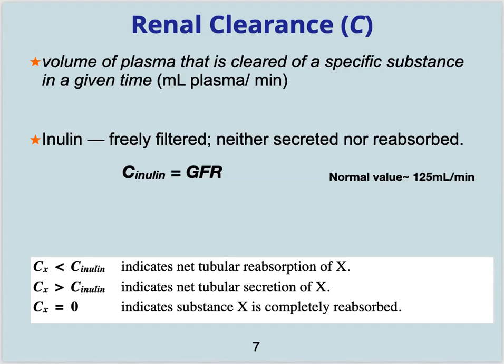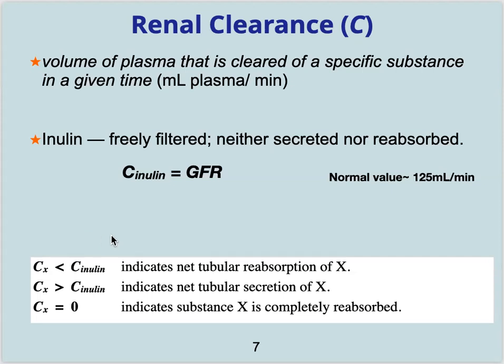And so for this reason, the clearance of inulin can be used to calculate GFR. Okay. And so if we compare the clearance rate of a substance with the clearance of inulin, we can get an idea as to how our kidneys are overall handling that substance.